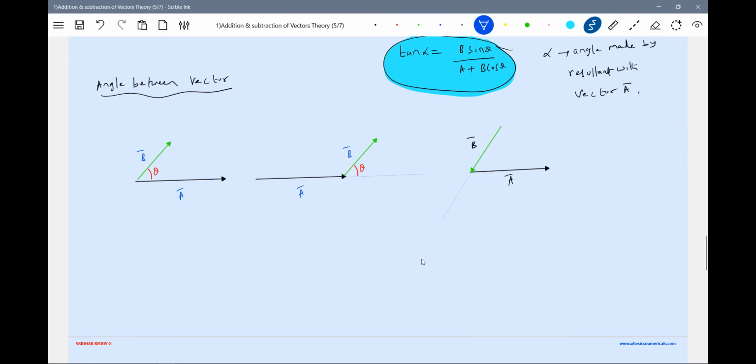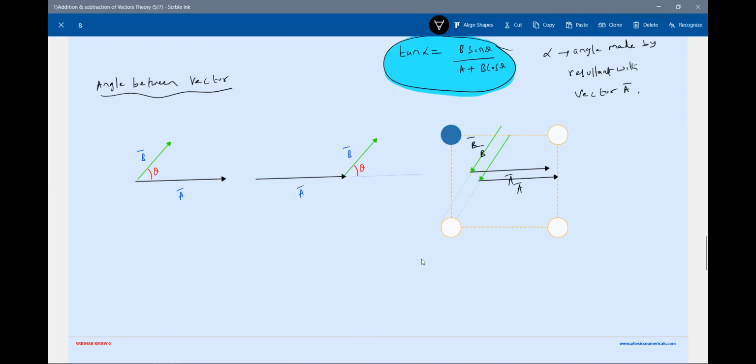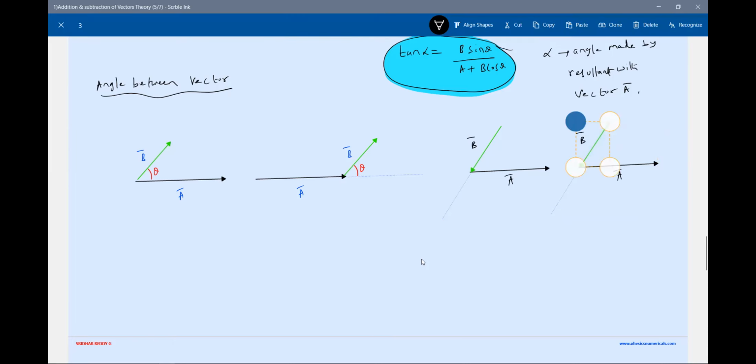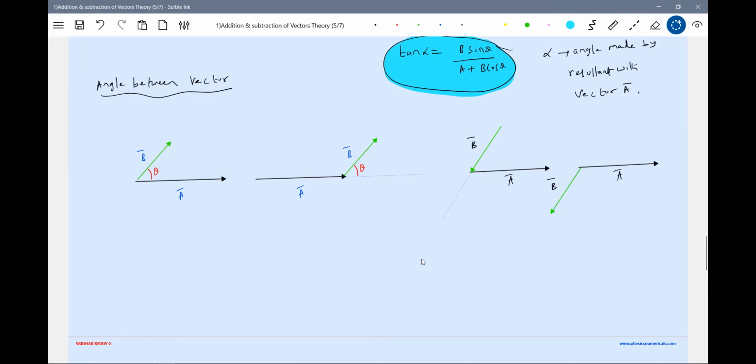Then you shift this vector B bar. I shifted it here. Then you see that the initial points of the two vectors are at a common point. Now when you measure this angle, this will become the angle between vectors.